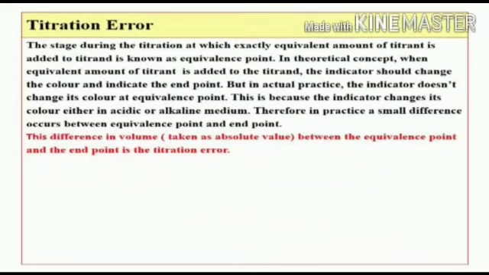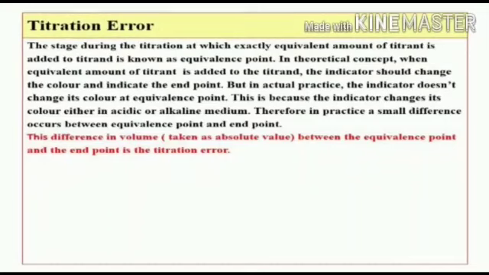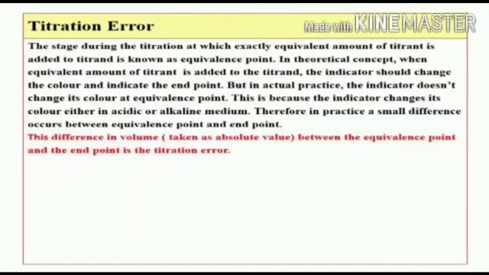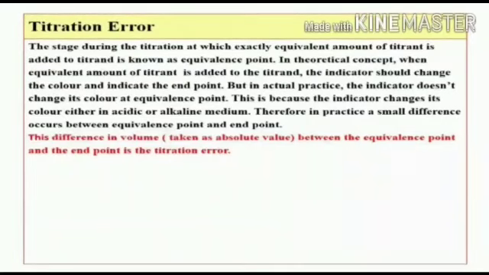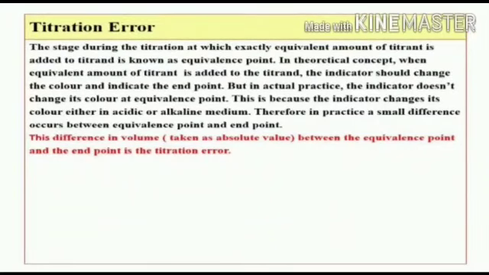But in actual practice, the indicator does not change its color at equivalence point. This is because the indicator changes its color either in acidic or alkaline medium. Therefore, in practice, a small difference occurs between equivalence point and endpoint.